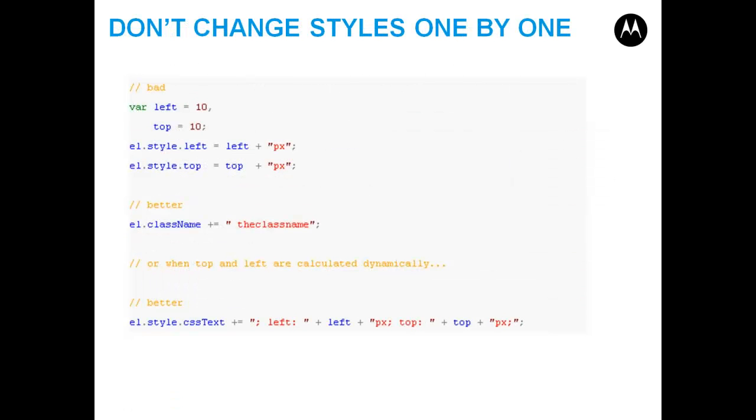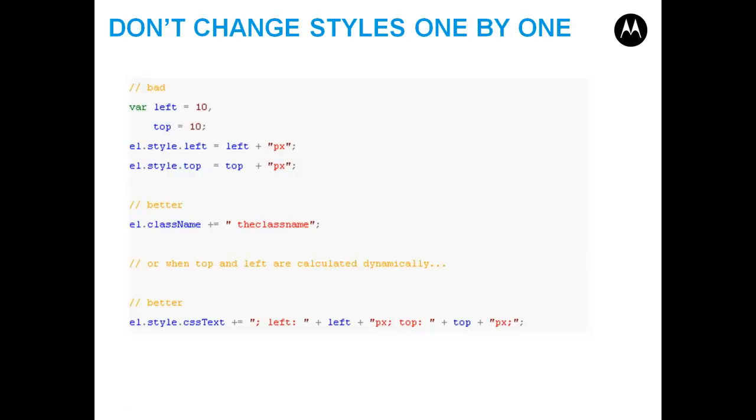All right, so while we're on the topic of styles, here's another thing that people tend to fall prey to, and that's when they're changing styles. So here's a small snippet of some code, and I'm going through and changing the left and top styles for particular elements, and I'm doing it kind of one by one.